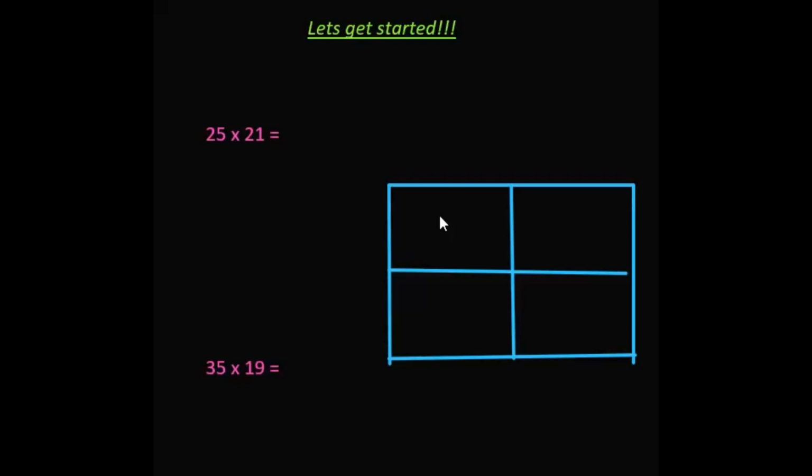Now let's set up the numbers in the area model. Our first number is 25. We're not going to write 25 right here. We're going to write 20 and 5. We're going to split them by the place value. Same thing with 21. We're going to put 20 and 1.